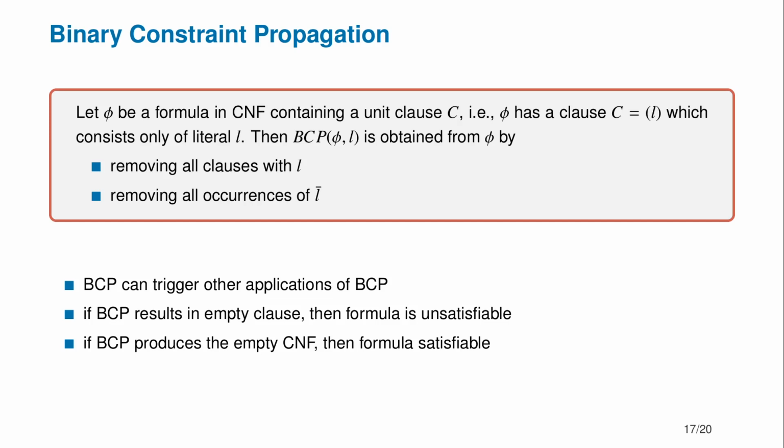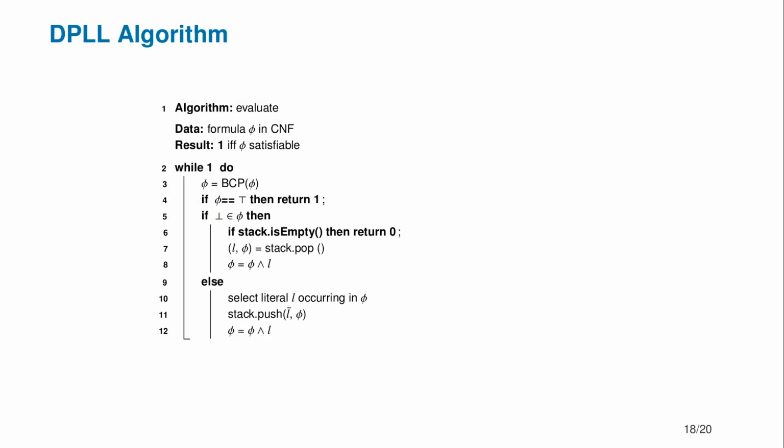UCP can trigger other applications of UCP, as we have seen in the example before. Then if we get the empty clause, then we know the formula is unsatisfiable. If we get the empty CNF, then we know the formula is satisfiable, as there are no constraints left which could be falsified. Having UCP, we can now formulate the following solving algorithm for formulas in CNF.